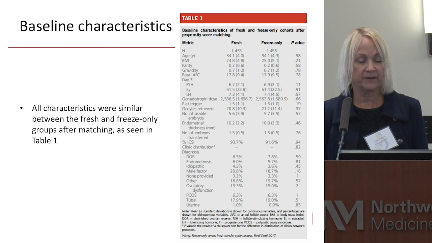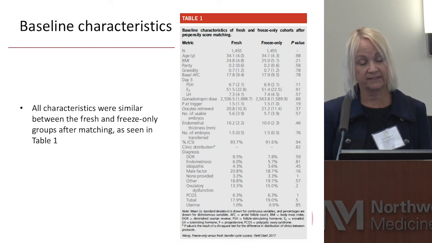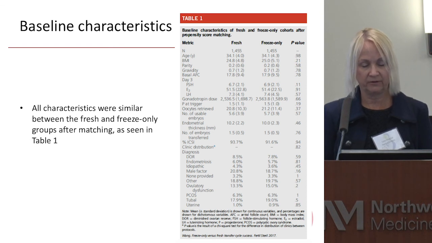And you can see the baseline characteristics were very similar after matching. So overall they were good responders, had around 21 eggs retrieved, and you can see the number of embryos transferred averaged 1.5. The diagnosis was similar between the groups, and you can see a range of patients.